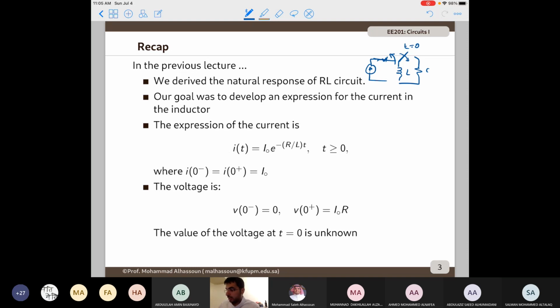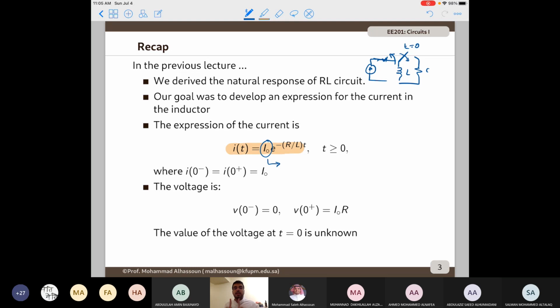And we said the key quantity here is the current passing through the inductor. And the current passing through the inductor has the following form. So it has a constant coefficient here, I naught, and this I naught is the initial current passing through the inductor.